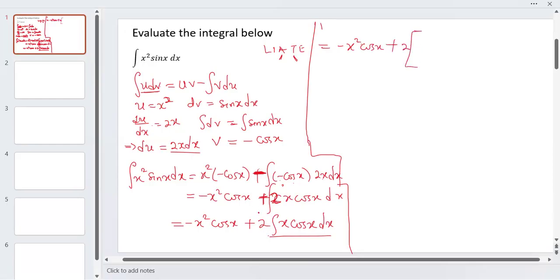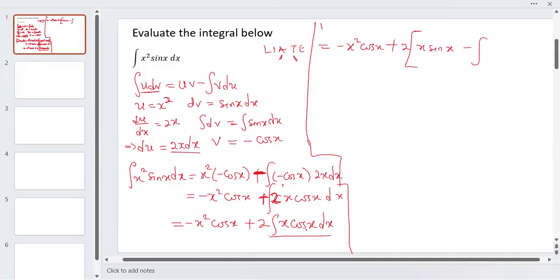Now, open a bracket. So we know that in this case, x will be u. So uv again, so that is x times v. Then v will definitely be the integral of the remaining one, so integral of cos x dx, and that will give me sine x, right? So minus integral of v du.